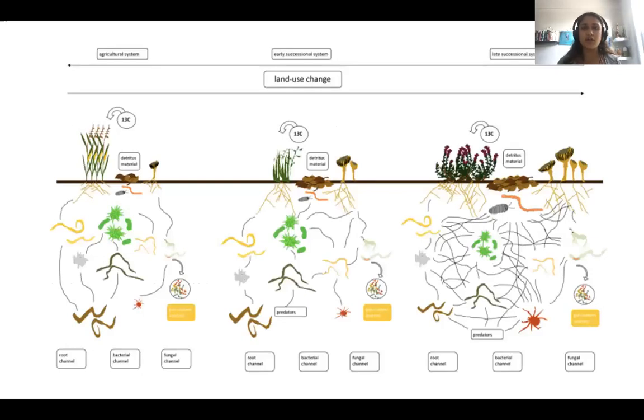So just to go back and look at how nematodes can infer different soil food web systems, this is a picture that depicts soil food webs in an agricultural system, all the way to more of a stable system, or one that's less disturbed, a late successional system.